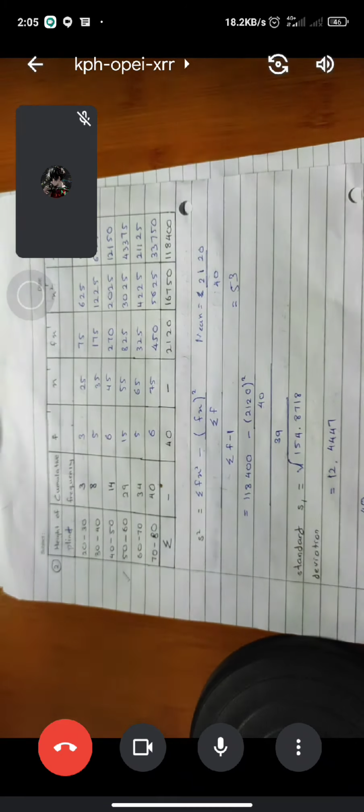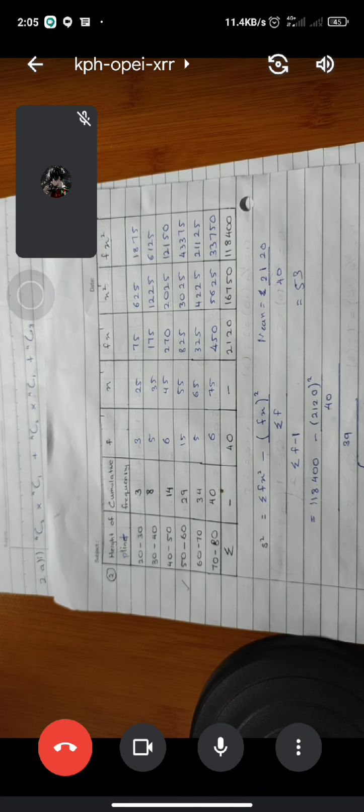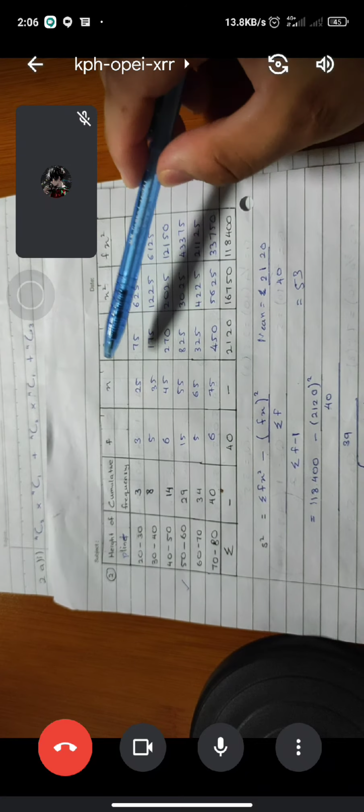Then we look at the second question. The second question is about height of plants, and given is the cumulative frequency. Okay, but we must find the fx value first.